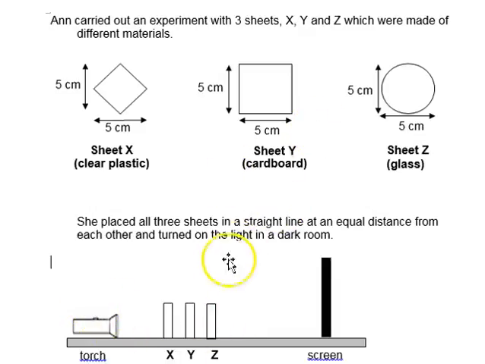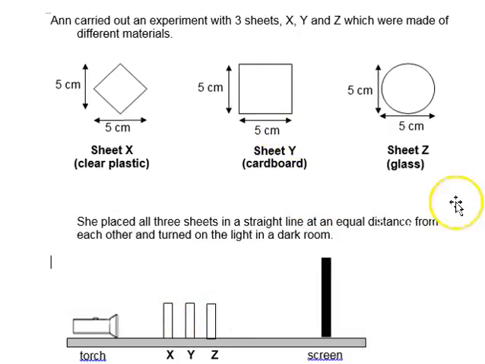We know that sheet Y is an opaque material, so the square shape would appear on the screen because it is the square shape that is blocking the rays from the torch. And we know that no light would even reach sheet Z, which is the glass, because all the light has already been blocked by sheet Y.